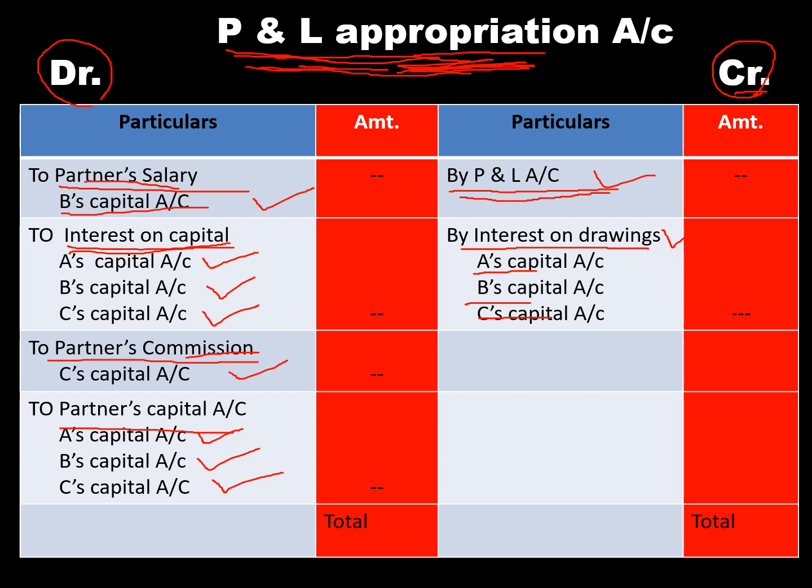On the credit side there is only one other income, which we can get from the partners, that is interest on drawings. Then on the debit side, the expenses to be paid to the partners: we can provide salary, interest on capital and commission to partners, and the final profit or loss will be given to the partners.